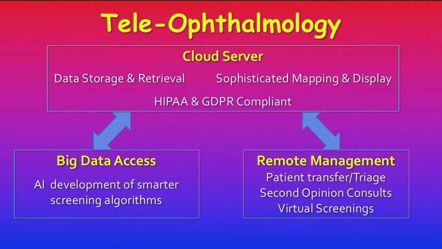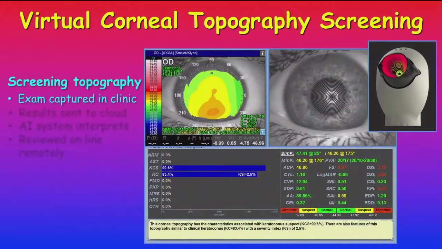The other feature of having all the data in the cloud, it opens up the possibility to use corneal topography as one element of tele-ophthalmology, which is coming to you on short notice. It also allows virtual corneal topography screening. We've talked a lot about screening today.